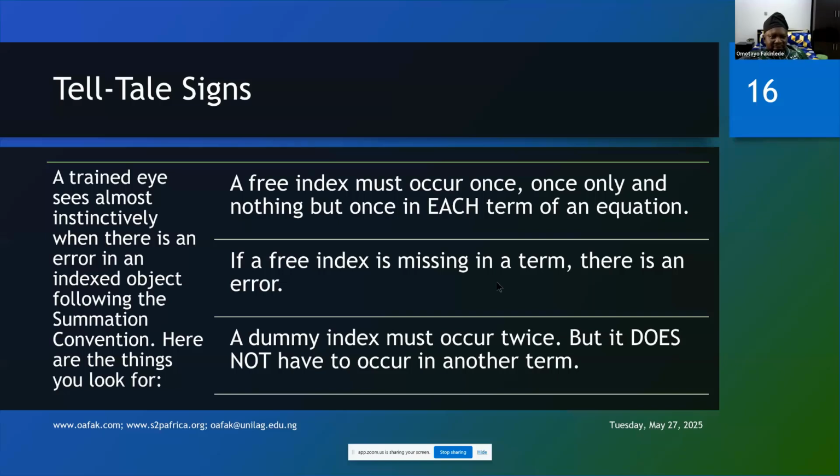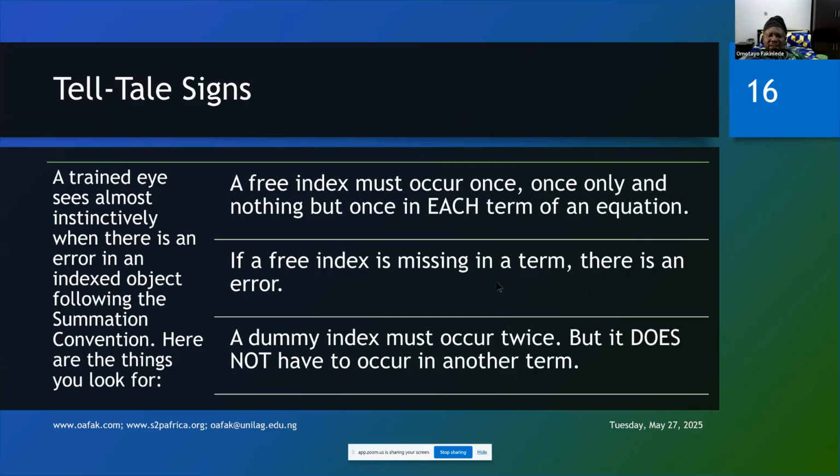So, telltale signs. A trained eye sees almost instinctively when there is an error in an index object following the summation convention. Here are the things you look for. A free index must occur once only, and nothing but once in each term of an equation. It must occur in each term.